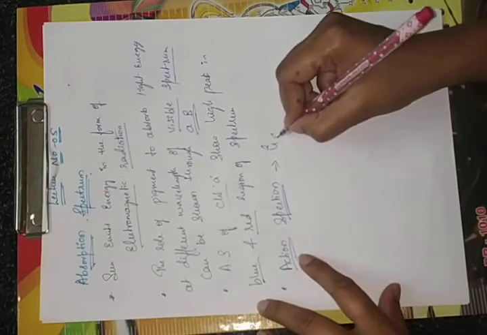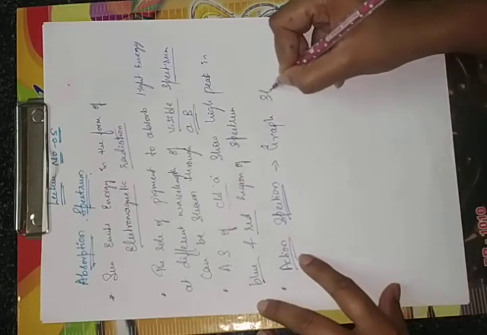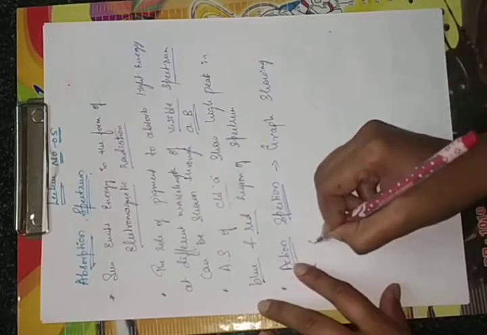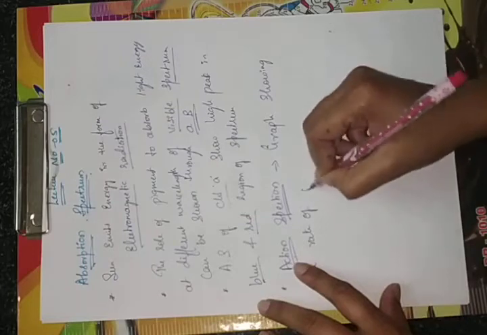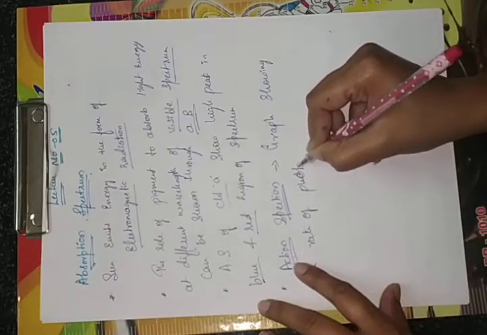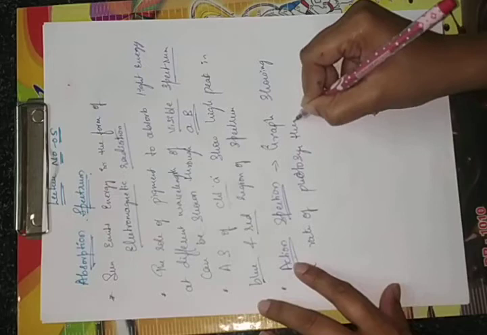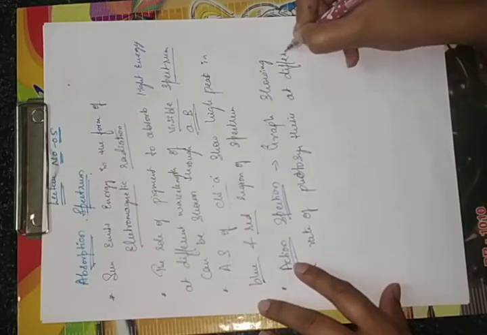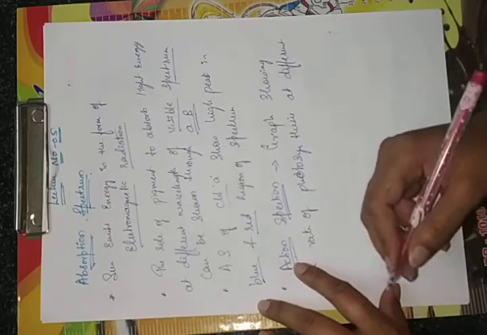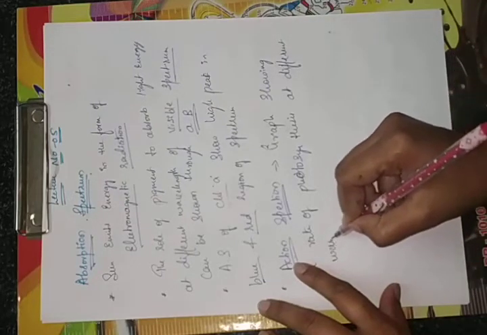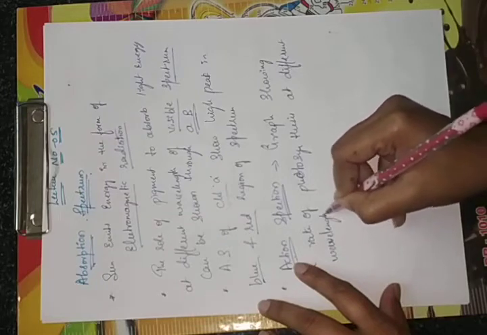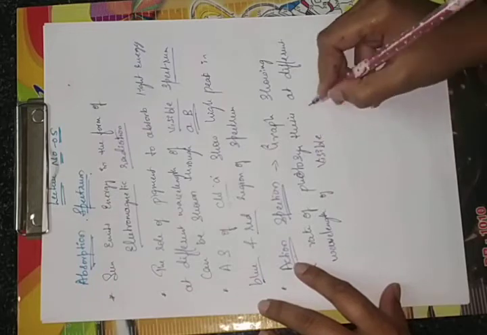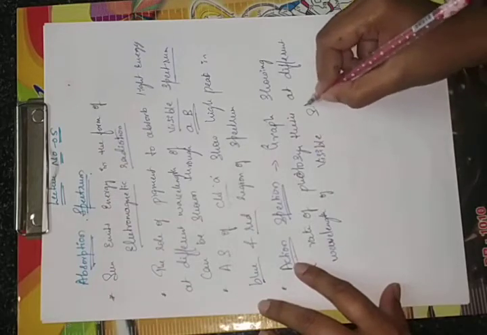This action spectrum is nothing but a graph which is showing the rate of photosynthesis at different wavelengths of visible spectrum.